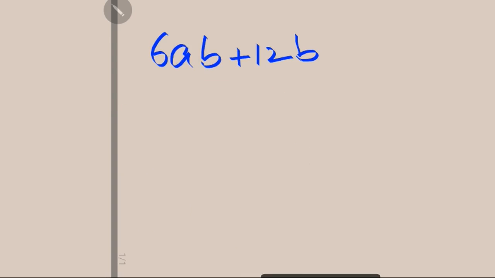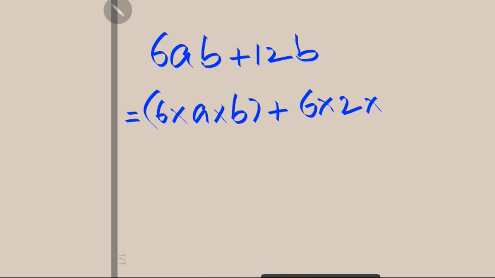Here is one more example. Find the factors for the given expression. First we have to find the factors of each term. Here 6 into a into b, plus 12, we can write as 6 into 2 into b.